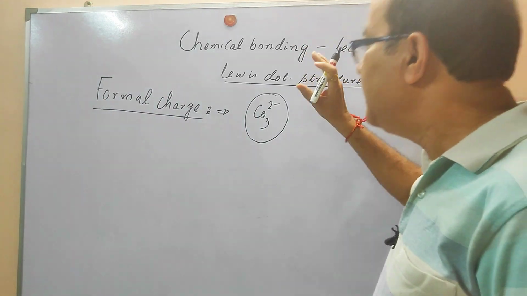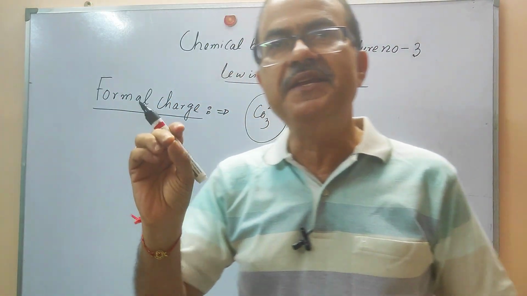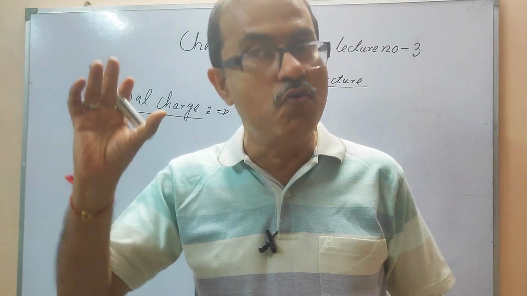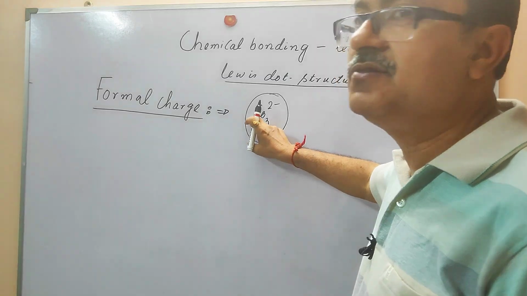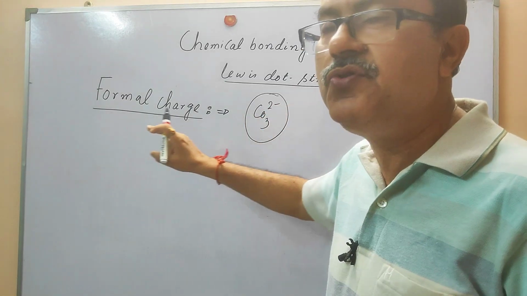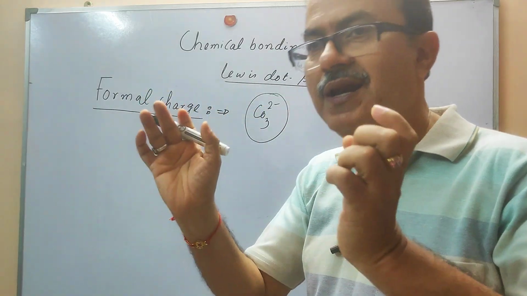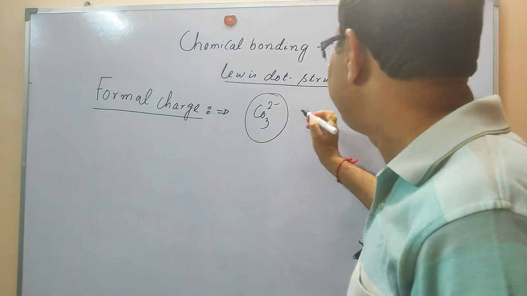For the carbonate, for any polyatomic ions, the charge carried by this entity is as a whole. It is not like carbon will carry this charge and oxygen will carry this amount of charge. It is basically the total charge carried by the ion.